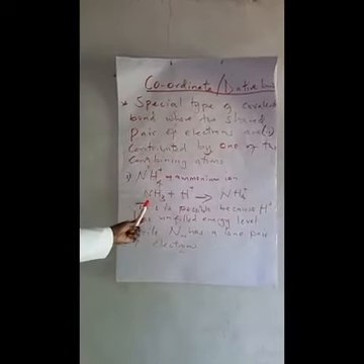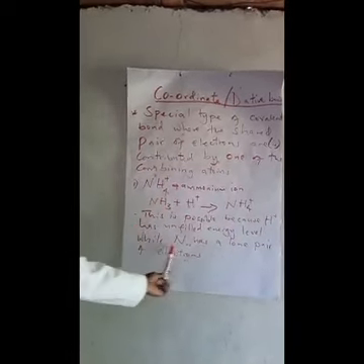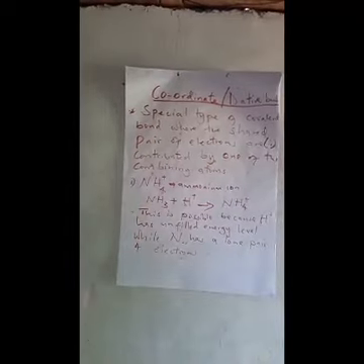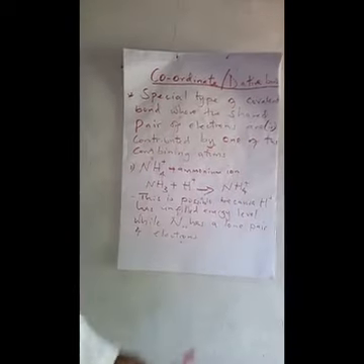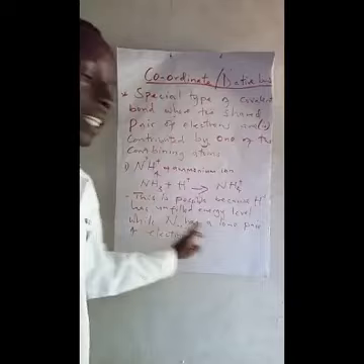This type of bonding is possible because nitrogen on this side has a lone pair of electrons, we shall look at that, and hydrogen on the other hand has unfilled energy level.